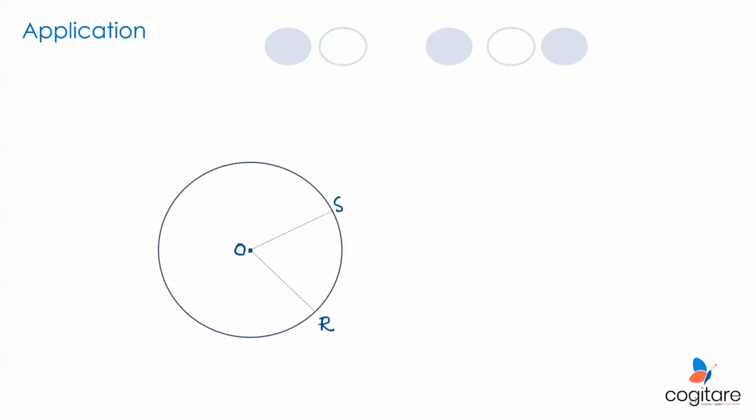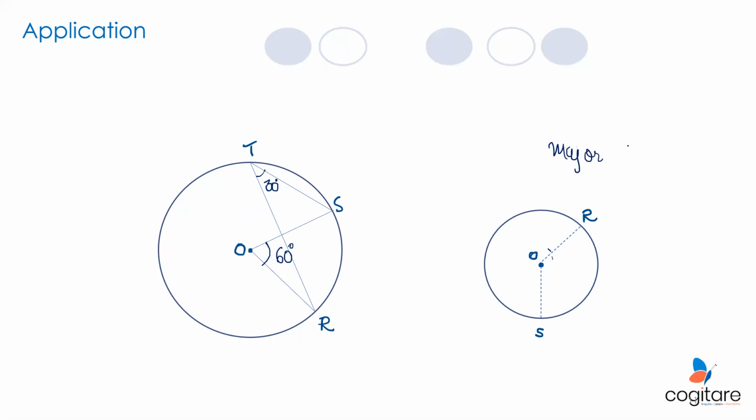Fantastic. Now let's quickly look at a sample arc here. We have SOR. If I told you this is 60, then what do you think is the angle RTS? It's not on the arc, it's somewhere else on the circumference. So this is clearly half of 60, which is 30. We have another case where we have major arc SR. I'm now talking about the major arc SR, not the minor arc.